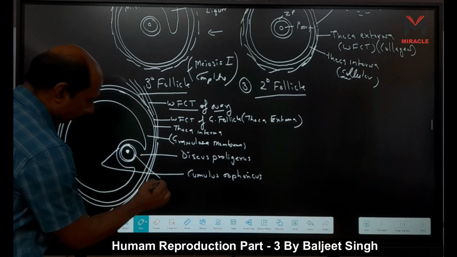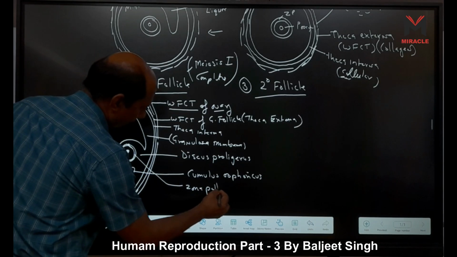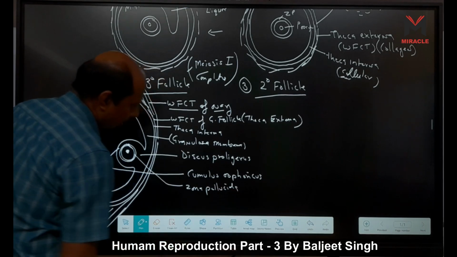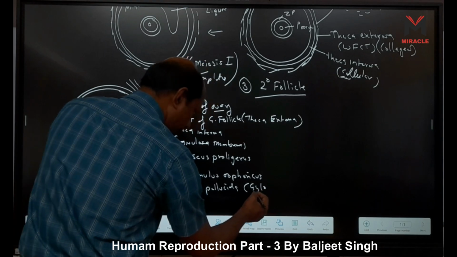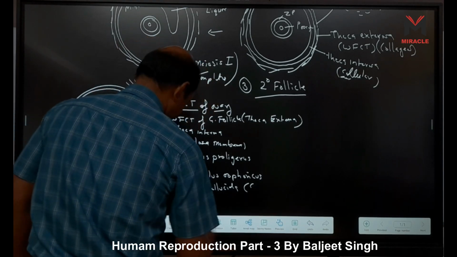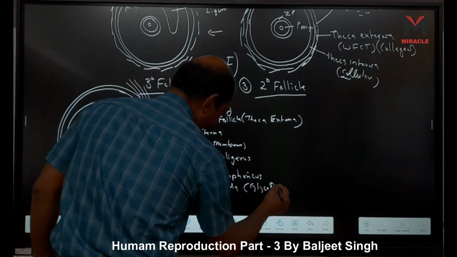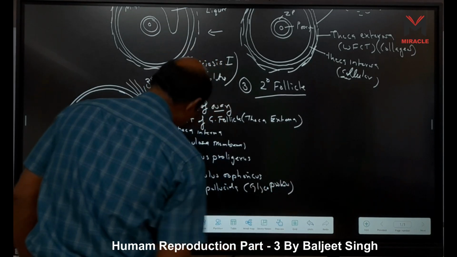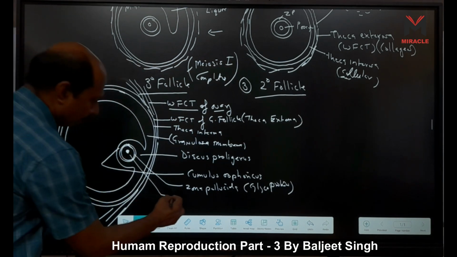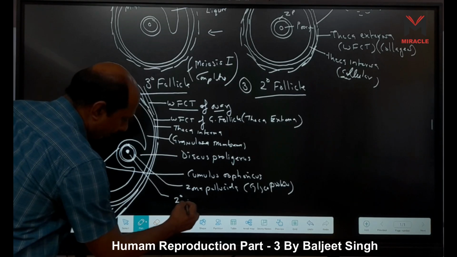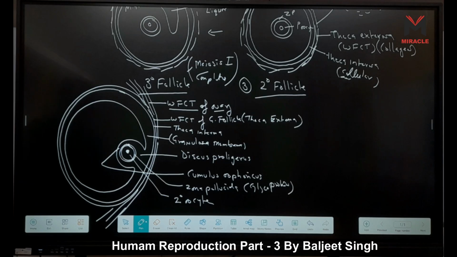This single layer is called zona pellucida, which is a glycoprotein. And now this becomes the secondary oocyte. That is very important. It is not a primary, but a secondary oocyte, right? And this is the antrum.